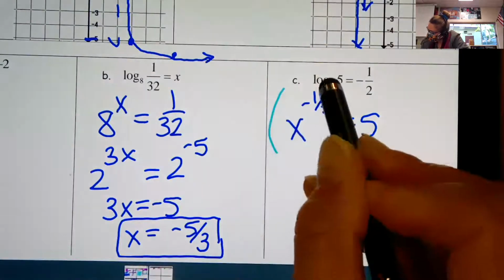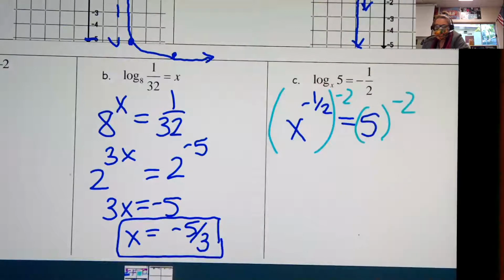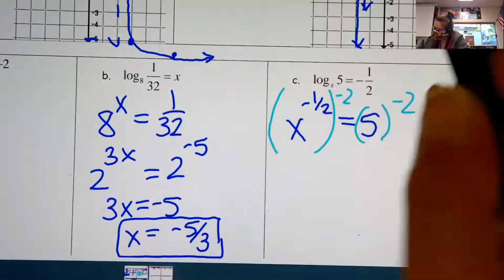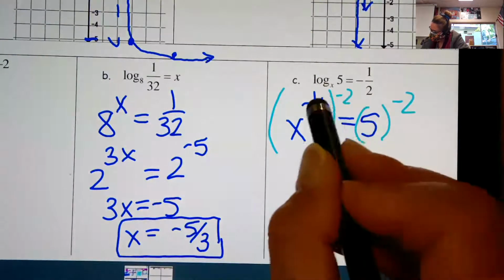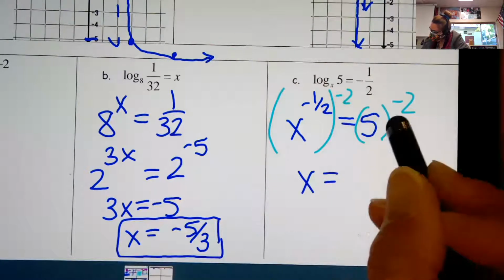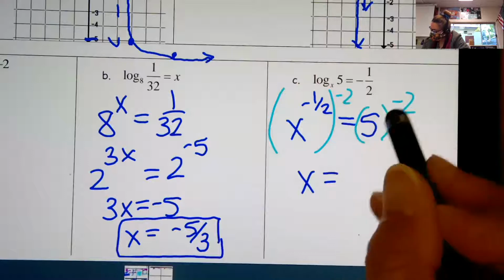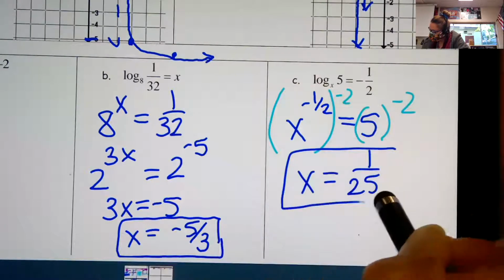So I'm going to raise this to the -2nd, and I'm going to raise this to the -2nd. Okay. And when I do that, this is going to become x. This is going to become 5 squared is 25, 5 to the negative second, 1 over 25.